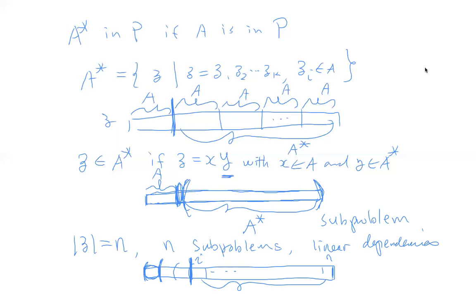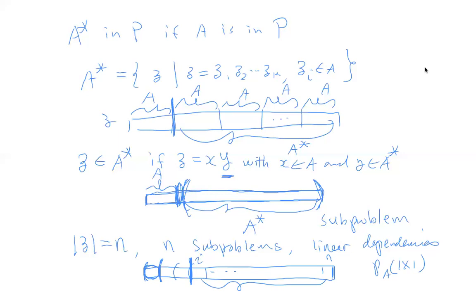So altogether, we have n subproblems, and each time we depend on linearly many subproblems. Checking whether a prefix x is in A can be done in time PA of the length of x.